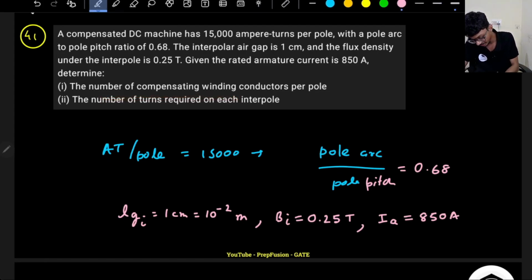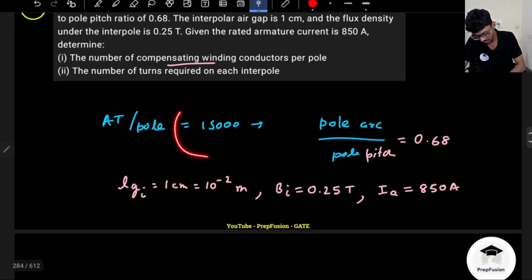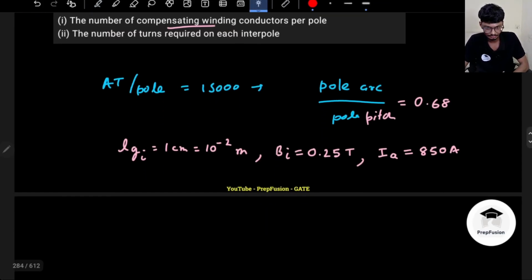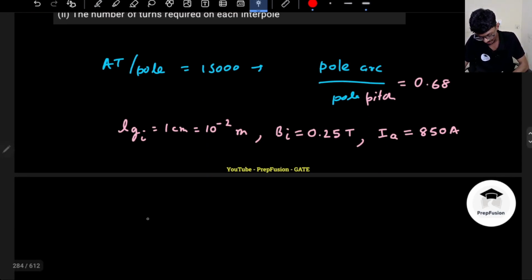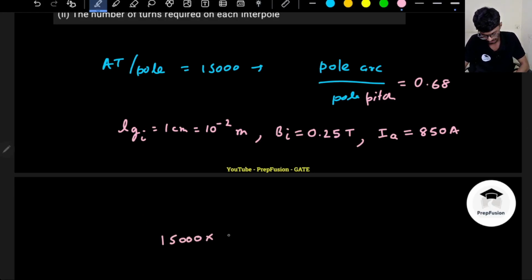They are asking for the number of compensating winding conductors per pole. If 15,000 is the total ampere turns per pole, how much will the compensating winding produce out of this? The compensating winding will produce 15,000 into the pole arc upon pole pitch, that is 0.68.